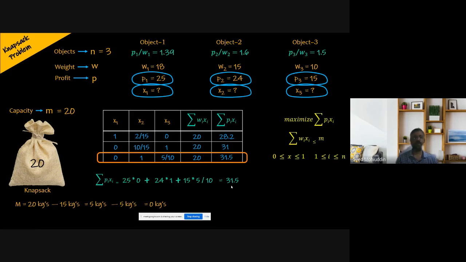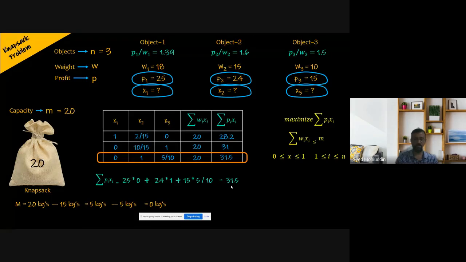So the greedy approach to solve this knapsack problem is to use the ratio of profit by weight in decreasing order. This is how you get the optimal solution and maximum profit.